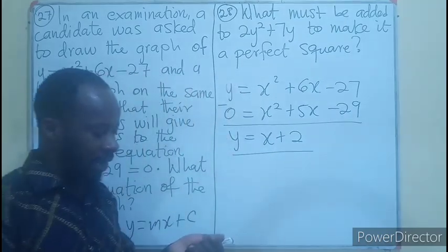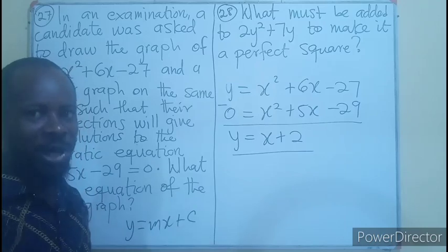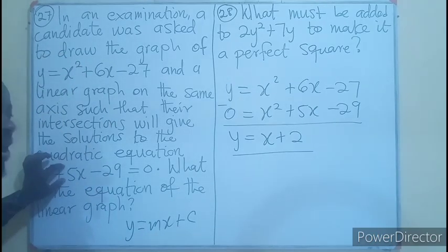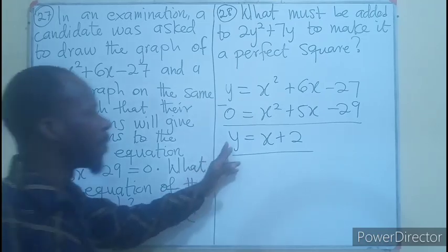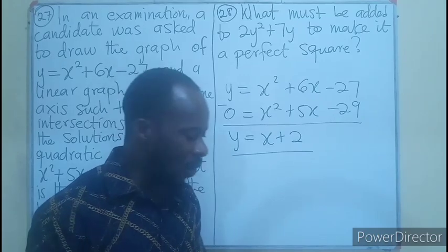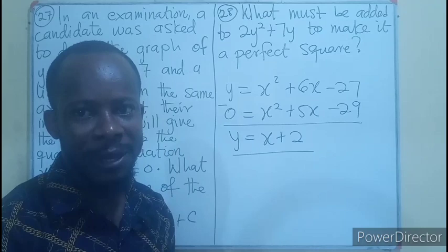So the linear equation that pairs with this to give us this quadratic equation is y equals x plus 2. In the possible answers, that is option E.